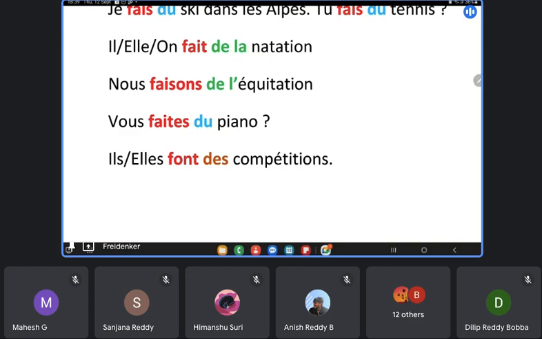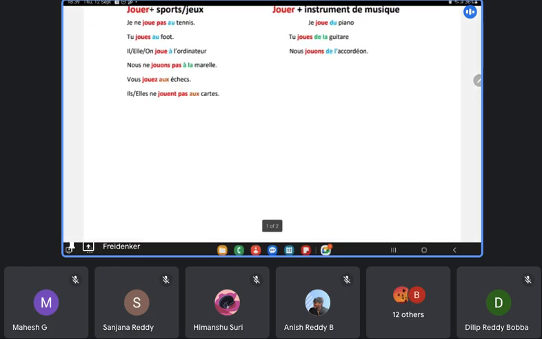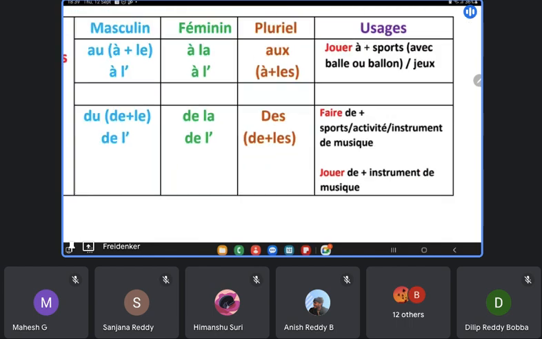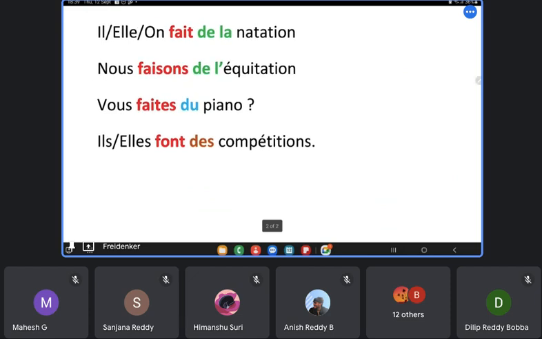Compétition, tion, so it is feminine, but it ends with an s, so it is plural. Plural means les, but faire means you will get de. De plus les will give you des, so that's why you have des. And if you conjugate faire, you will get font with respect to ils, elles. So all of that happens, and then you get this sentence. Ils, elles font des compétitions.